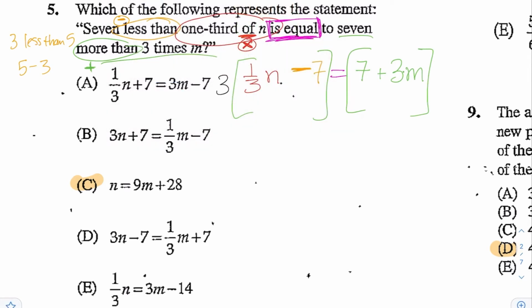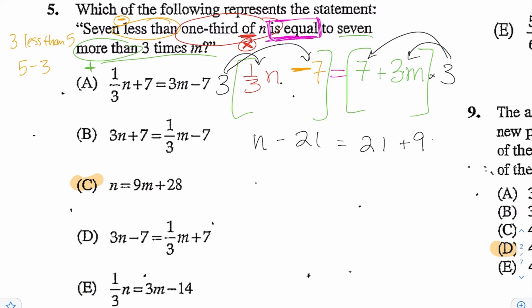you'll have to distribute. And that'll give you n minus 21 is equal to 21 plus 9n. And from here, you can add 21 to both sides.